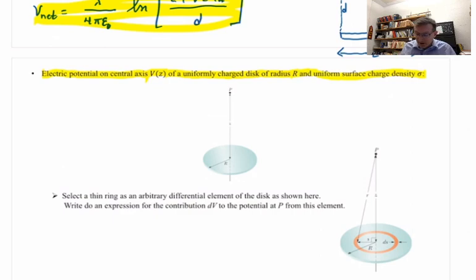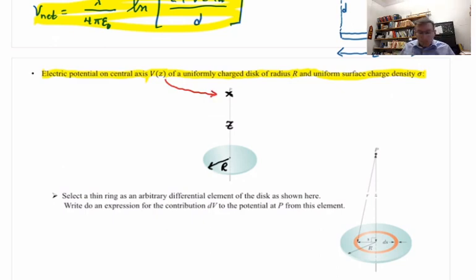So there's the picture. You can see the disk. It's got a radius big R, like that. The point P is on the central axis, height z above the center. And that's where we are at the point marked with the X. And we want the net electric potential there at that point P.